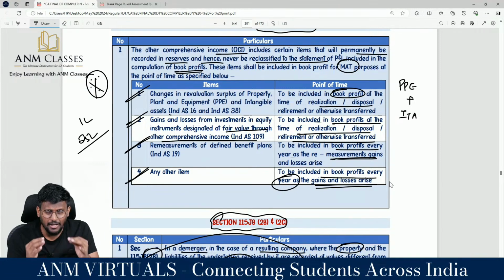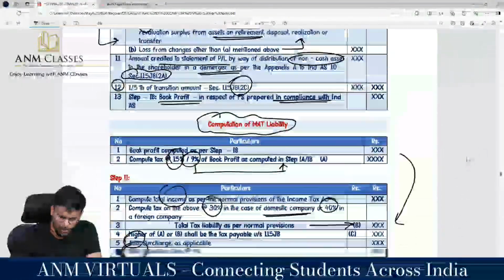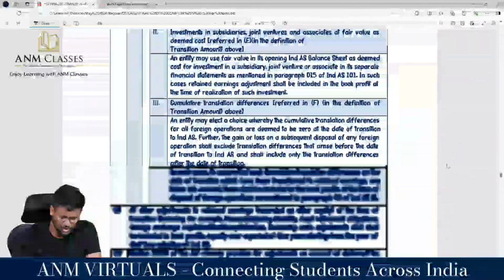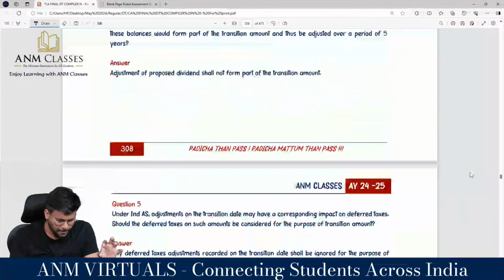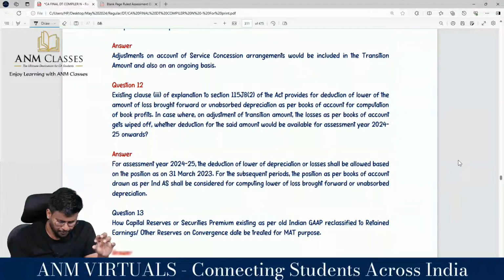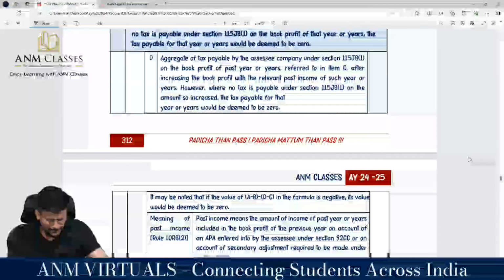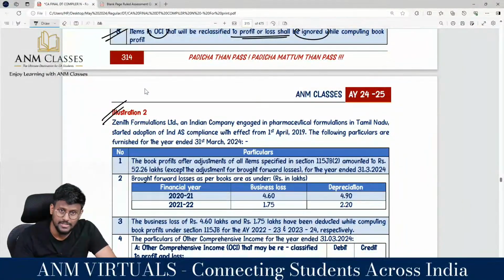This may be a 10-mark potential area for examination, my dear lovable students. And in this list, we have more questions to do. Once you understand question number 1, the remaining are a cakewalk. We will be doing question number 2. Illustration number 2 is there.